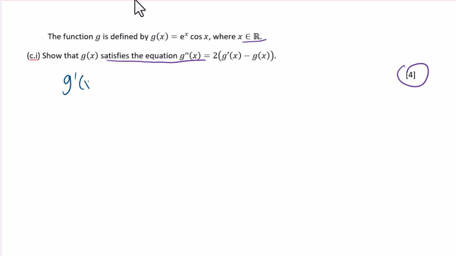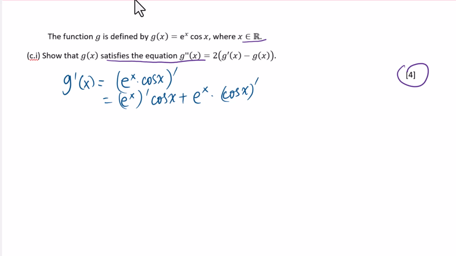g prime of x equals the derivative of e to the x power times cosine x, which is e to the x power prime times cosine x plus e to the x power times cosine x prime using the product rule, which is e to the x power cosine x plus e to the x power times negative sine x.